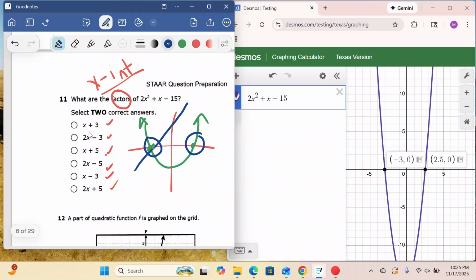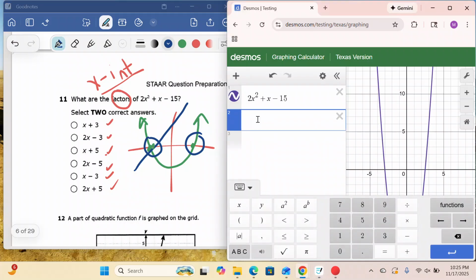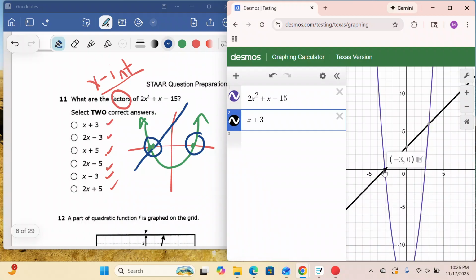So I'm going to plug in each one of these, and we're going to see if it does pass. The first one is x plus 3. And remember that you might have a different letter. If you have a different letter like m squared, it's the same thing. Just replace it with an x. No biggie. There you go. The black one passes straight through, so that is one of our answers.